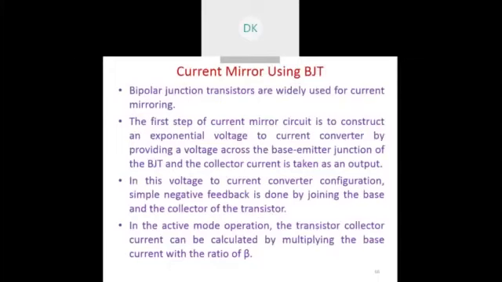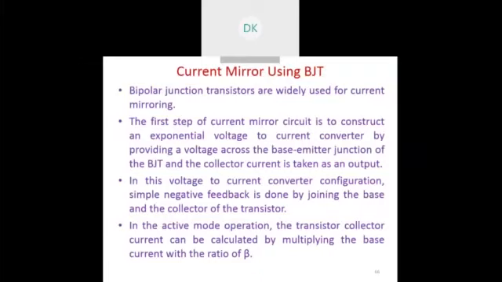Current mirror using BJT. What are the various components used for a current mirror? Generally, bipolar junction transistors and diodes are widely used for current mirroring. A current mirror circuit can be called a voltage to current converter, by providing a voltage across the base emitter junction of a BJT and taking the collector current at the output terminal.